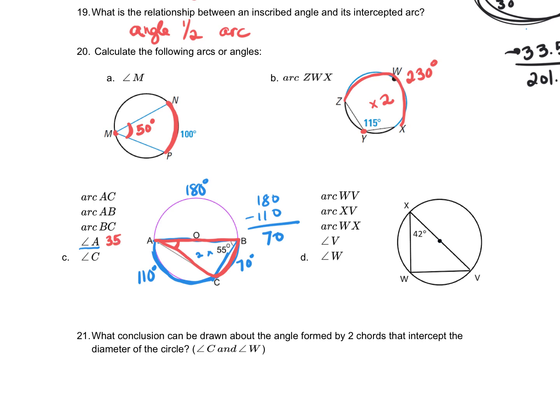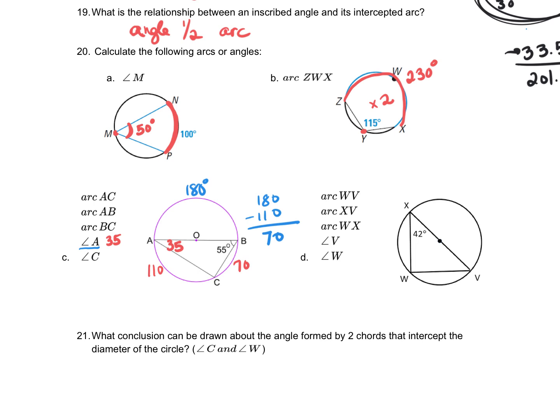Again, let me do a little more erasing here because it's a little messy. So we know this is 35. And we knew the arc was 110. And this is 70. So then the question is, what is the measure of angle C?